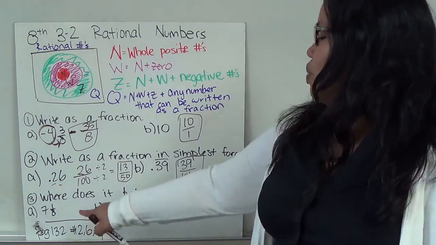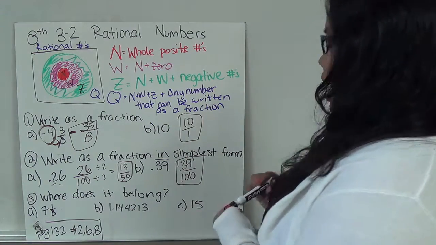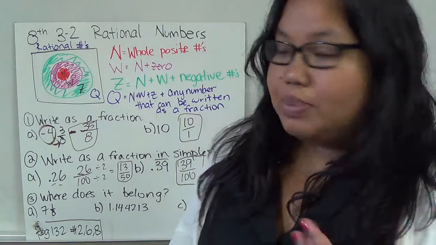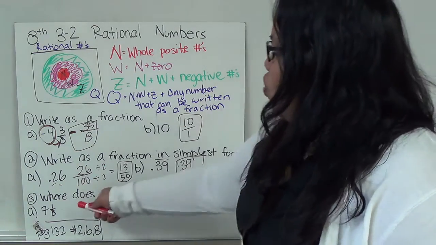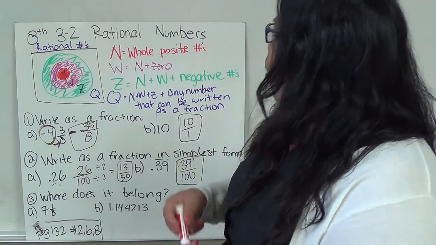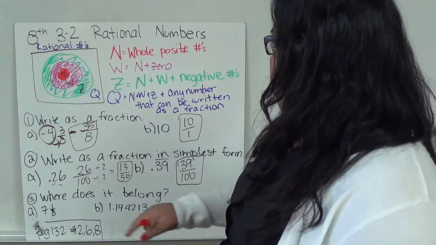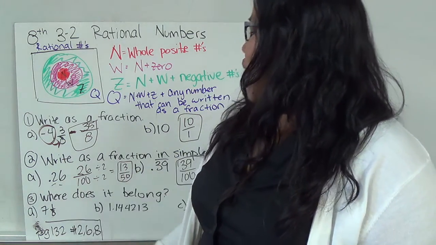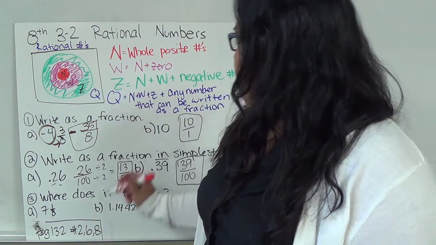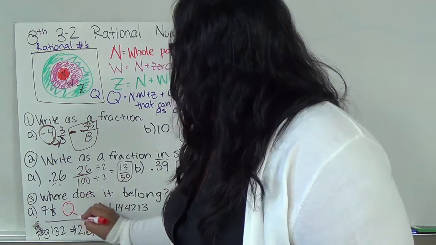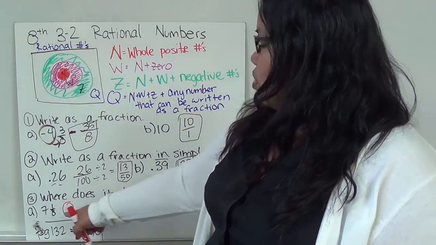Okay, these ones, basically the last one, is just asking me which category this belongs to. For example, 7 1/8, right here, these are all whole numbers. So anything that's not a whole number is automatically your Q, unless it's irrational. So this is rational because it's a fraction.